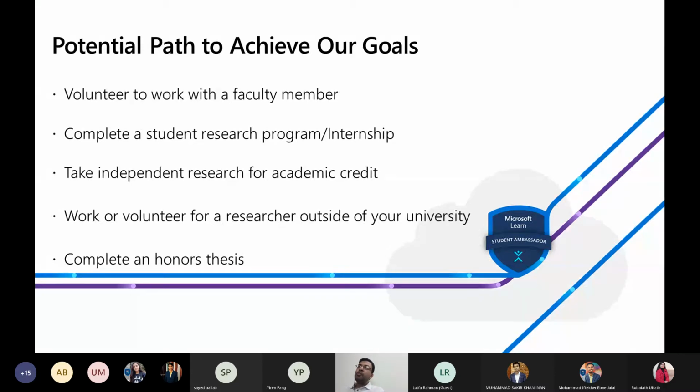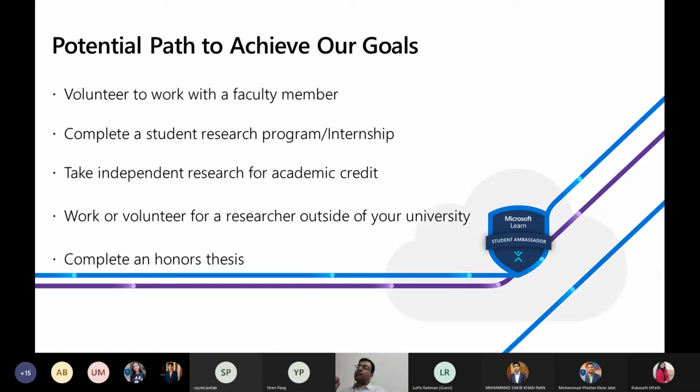First of all, you may opt in to work as a volunteer with the faculty. Just approach that person and tell him or her that I'm interested. Give me some work. Whatever that is, data collection, typing, or doing some interviews as a part of the data collection process.